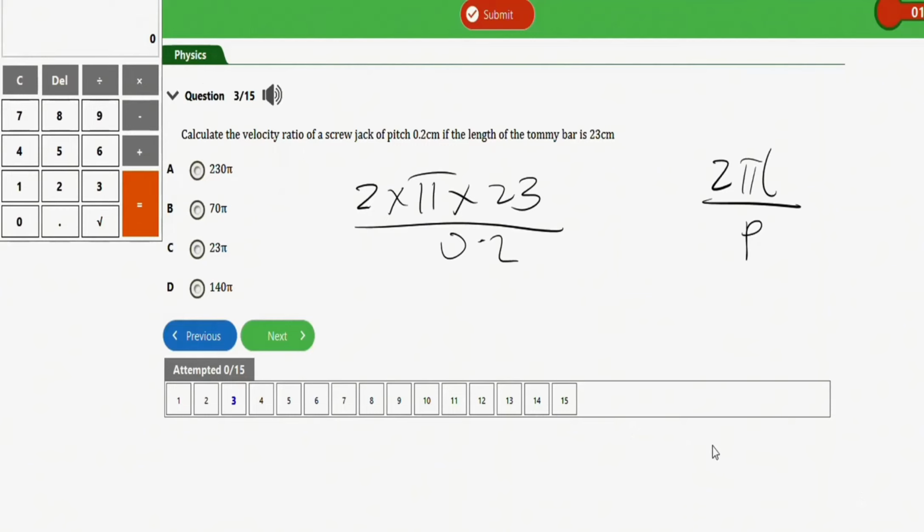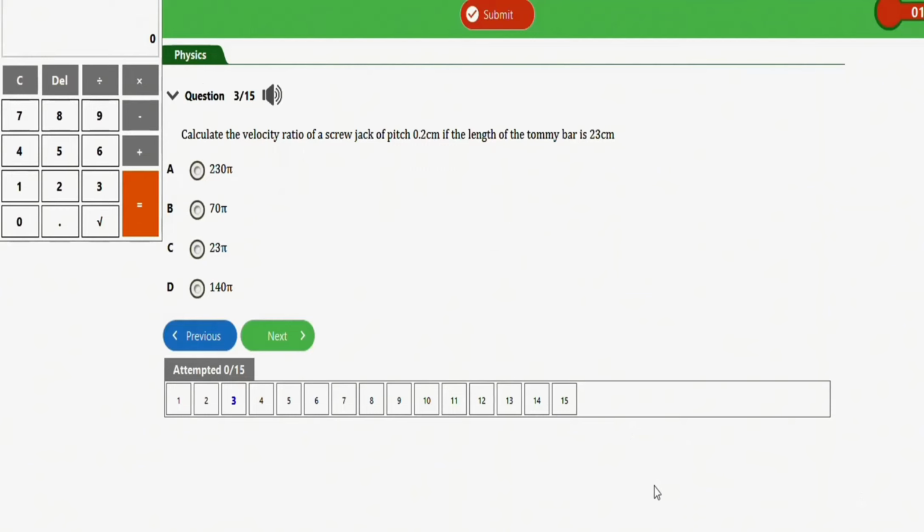Let's wipe this now and solve the next repeated question. It says, which of the following is not affected by friction in a machine? The answer is obvious, it is velocity ratio. So the correct answer is option A, velocity ratio. Velocity ratio is not affected by friction in a machine.